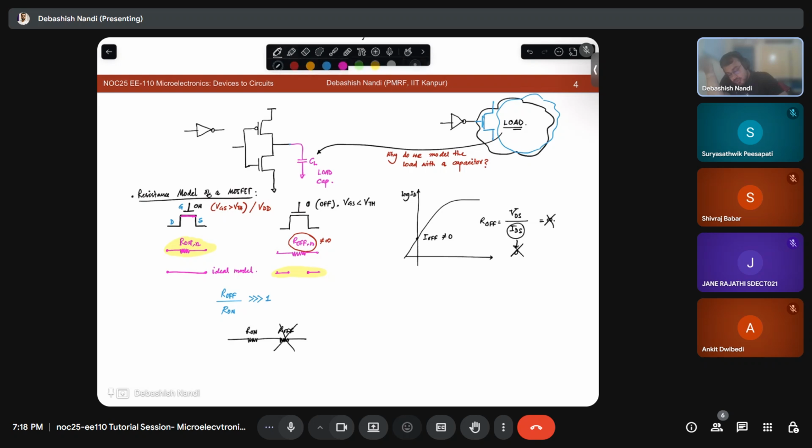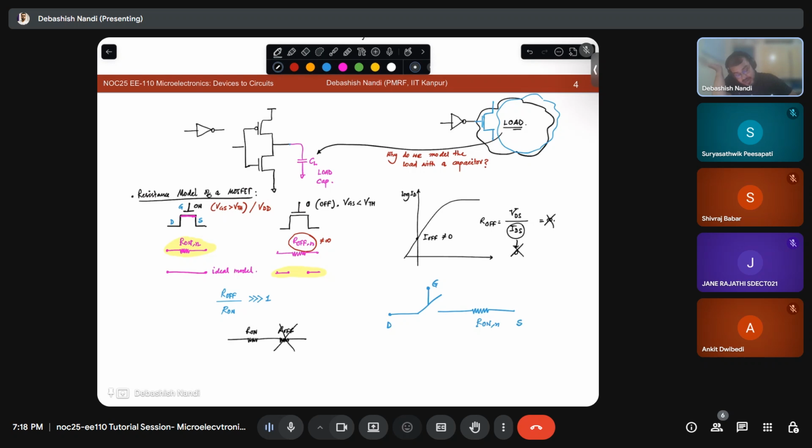So the transistor model, how do we represent it, is something like this. So this is your gate, this is your drain, this is your source, and this is your R on. Is that clear?